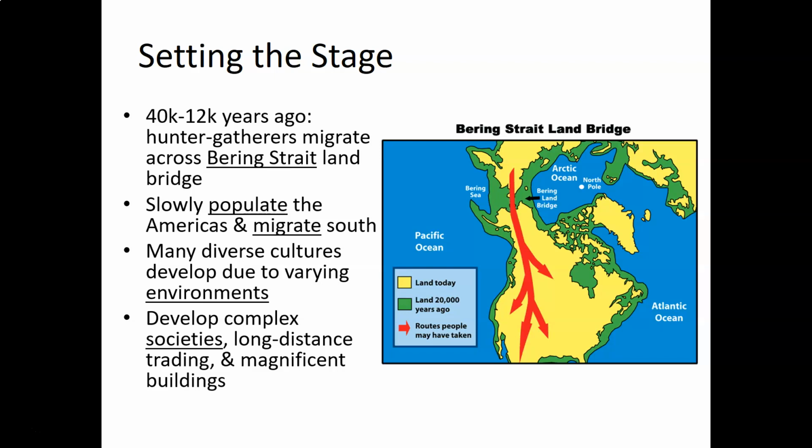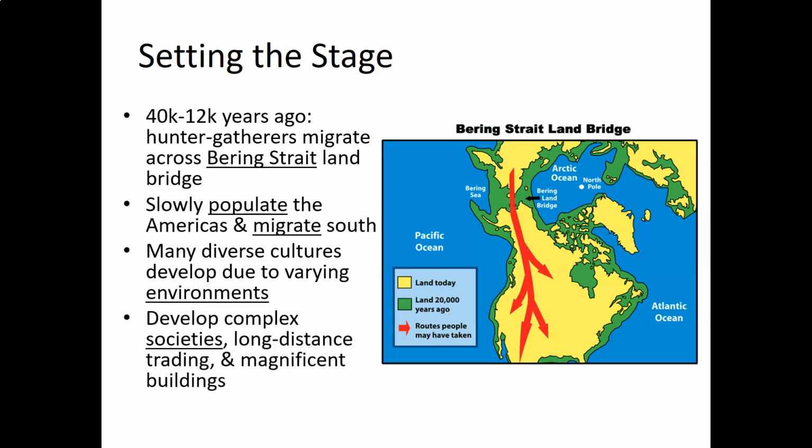And because of this speed or lack thereof in terms of how fast this went, you are going to see many different diverse cultures develop across North, Central, and South America. And one of the key factors that plays a role into this diversity is the environments that these people come across, because there's a bunch of different varieties.